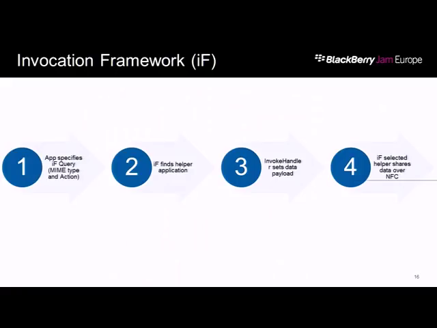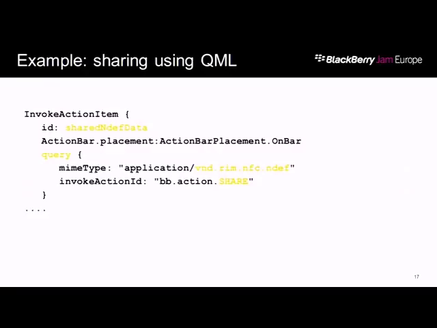I set the payload, which will be a vCard in NDEF format. And then the helper application, which you saw come across as a card in the BlackBerry 10 device, will come and complete the operation and write the data out over NFC for you. So we're making use of a helper application. A lot of this will actually be in QML. The key part here is the invoke action item.